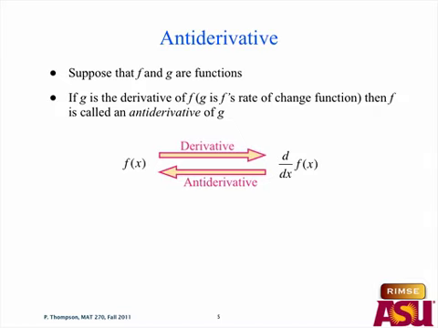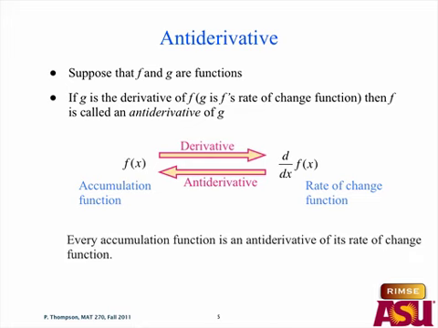Agree with that? Yeah, because over here, what kind of function is this then? Accumulation, and on the right, derivative is rate of change, right? So this is what Calvin said. Every accumulation function is an antiderivative of its rate of change function.